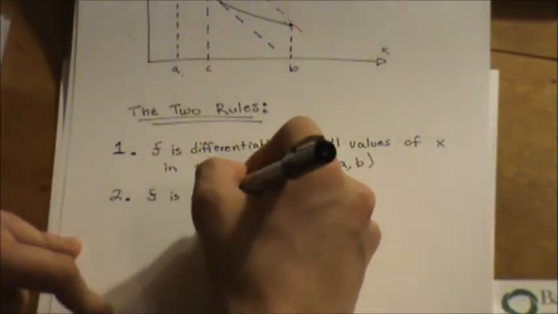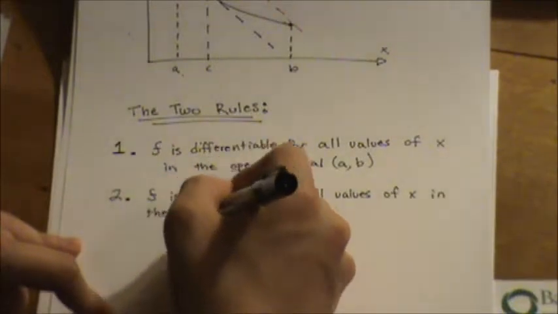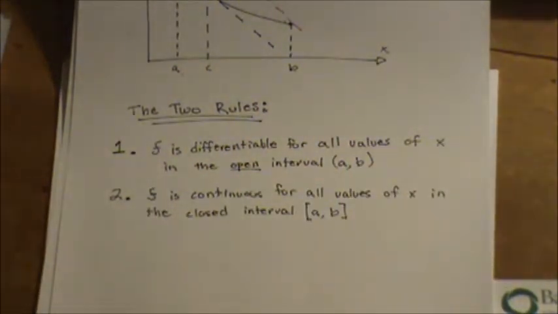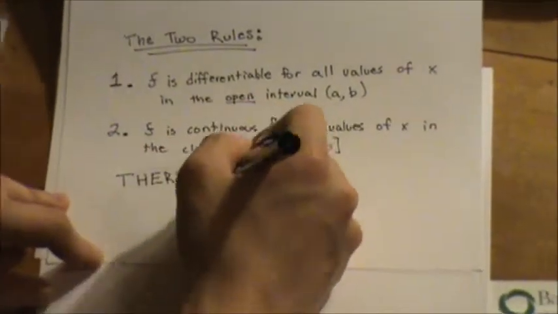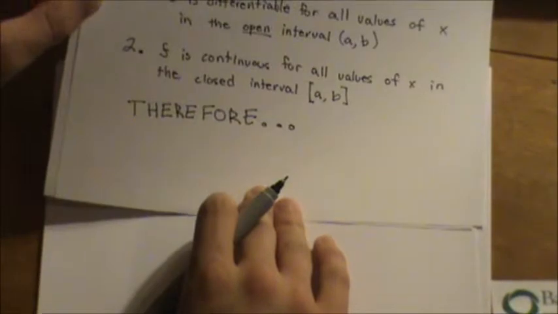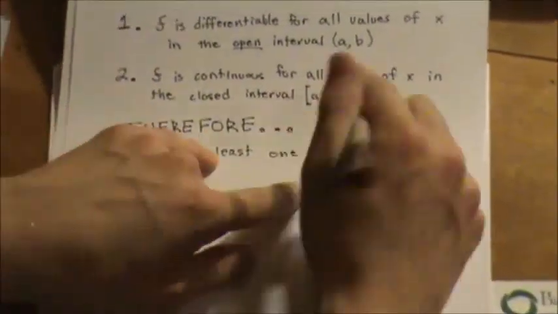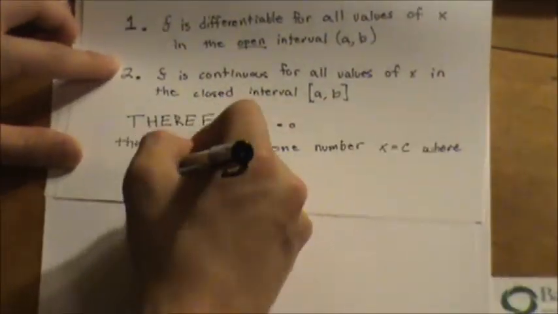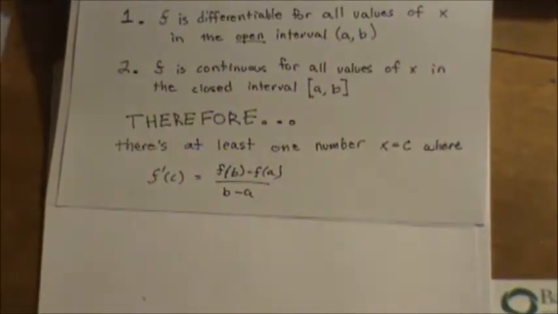However, the second rule is that f must be continuous for all values of x in the closed interval a and b. So even the endpoints have to be continuous. Therefore, there is at least one number between a and b, x equals c, where f prime of c equals f of b minus f of a over b minus a.